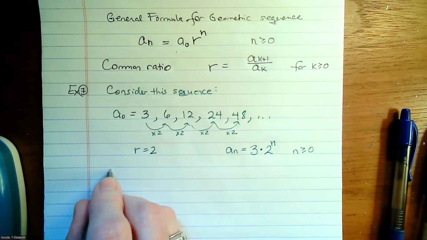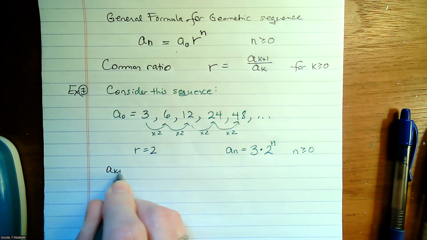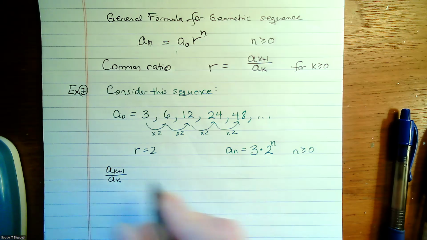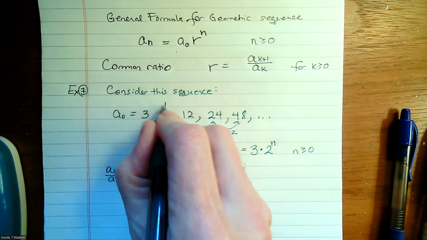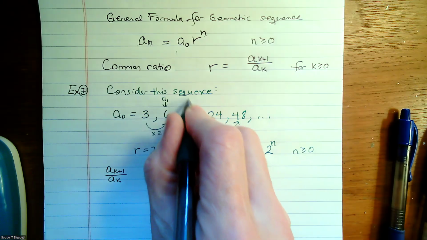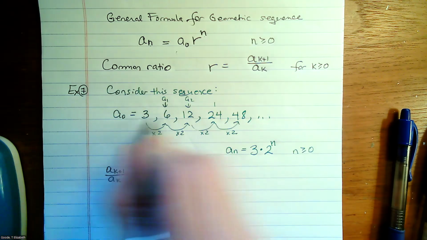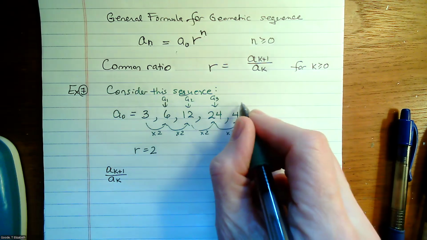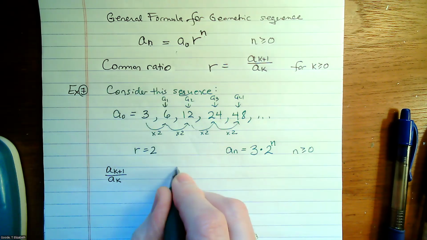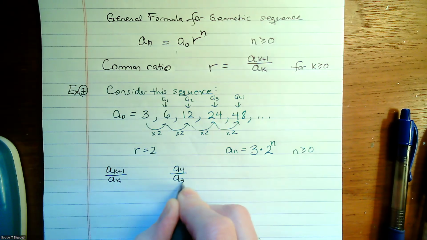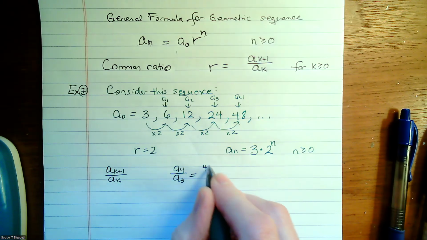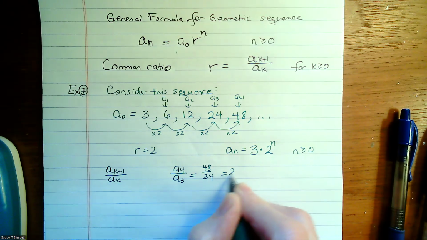Let's look at a sub k plus 1 divided by a sub k. This is a sub 1, this is a sub 2, because this is a sub naught, right? This is a sub 3, this is a sub 4. So if we look at a sub 4 divided by a sub 3, 48 divided by 24, that's 2.